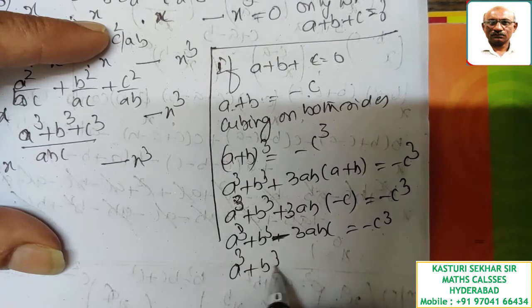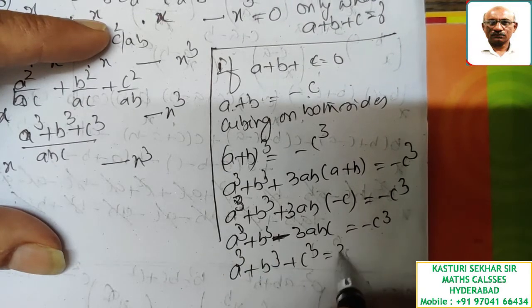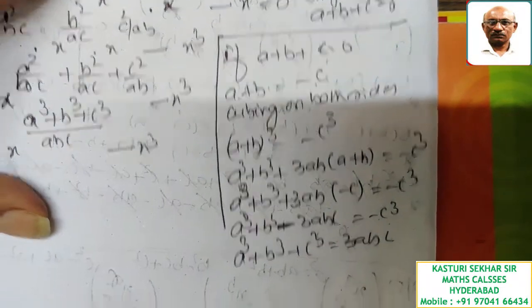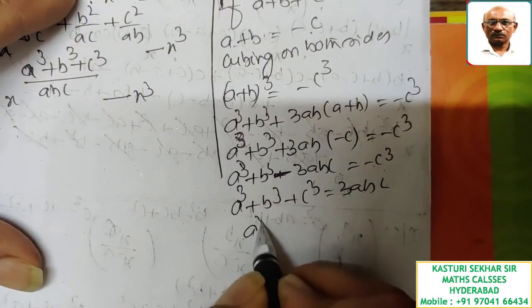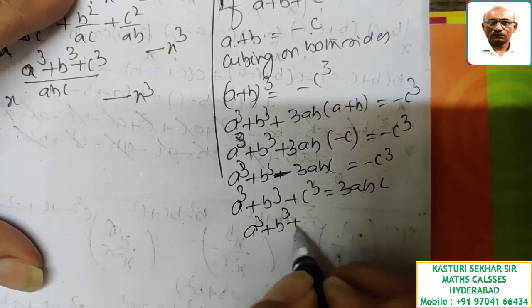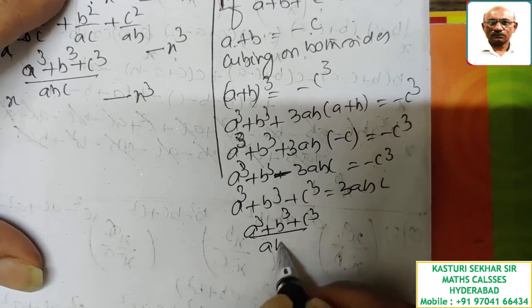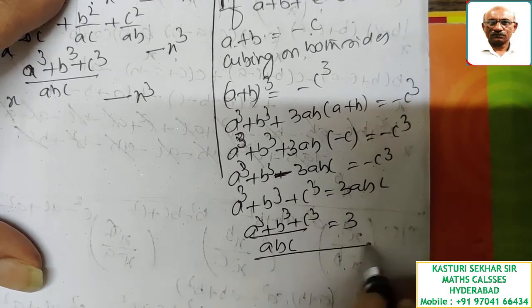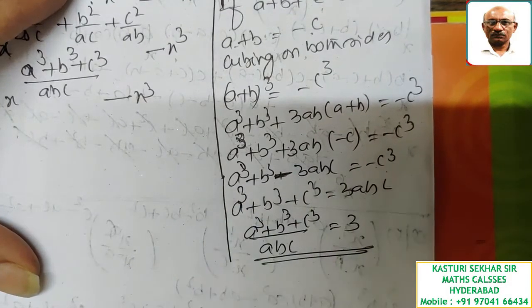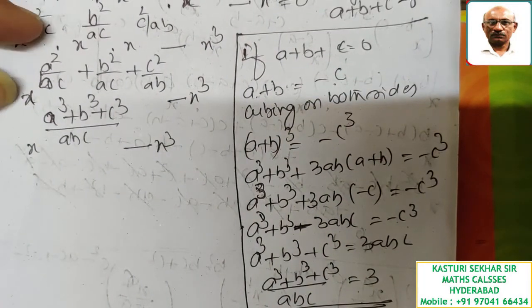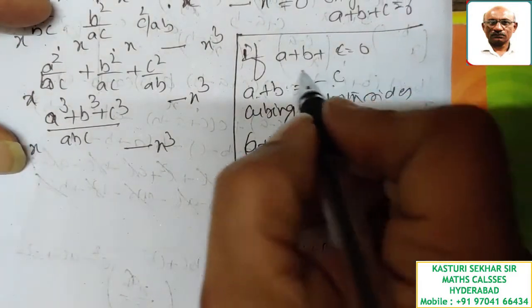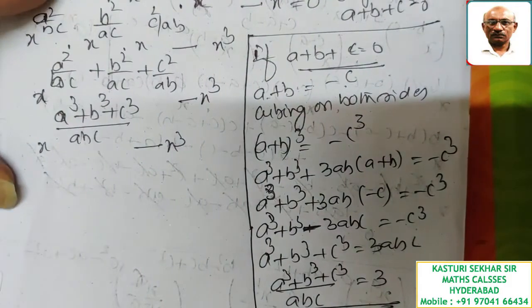So a cube plus b cube plus c cube can be written as 3abc. Otherwise you can write a cube plus b cube plus c cube divided by abc is equal to 3. This is an identity in algebra, true only when a plus b plus c is equal to 0.